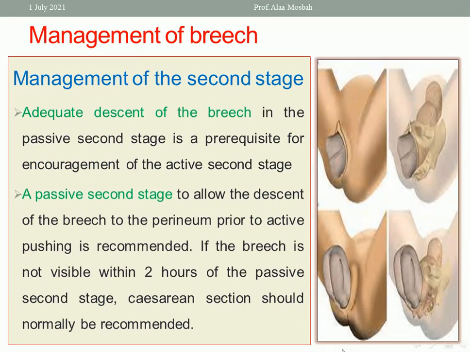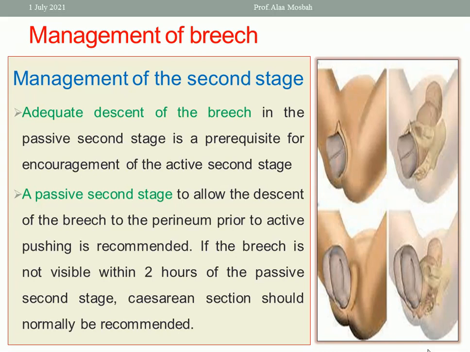Management also includes that adequate descent of the breech in the passive second stage is a prerequisite for encouragement of the active second stage. So you should note that in the passive second stage there is descent of the breech, and this is a good sign.